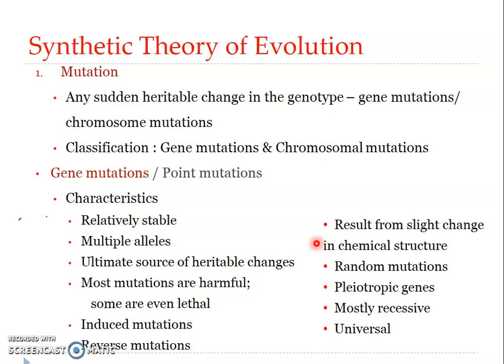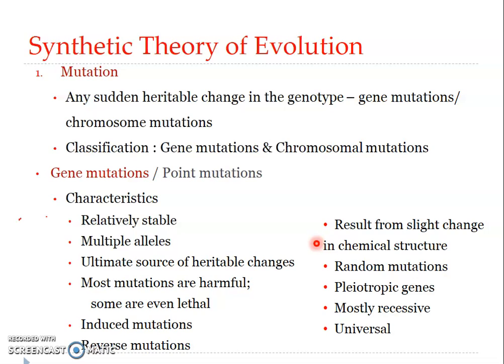Okay, and these gene mutations are random in the sense that the environmental influence that activates the chemical change cannot induce a particular mutation. That is, it needn't be specific. So whenever mutation is induced in a DNA, it can be one or the other gene. It needn't be very specific. And it occurs without any regard to the usefulness or the need of the gene to the organism.